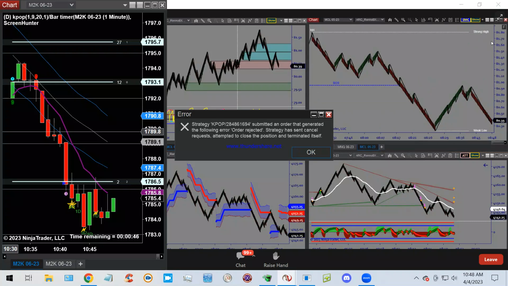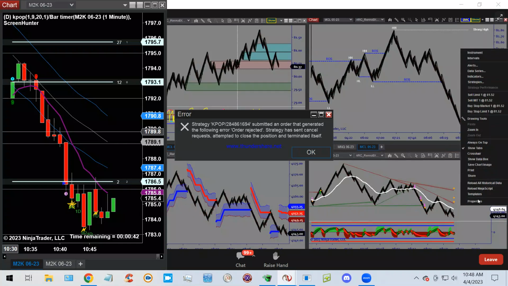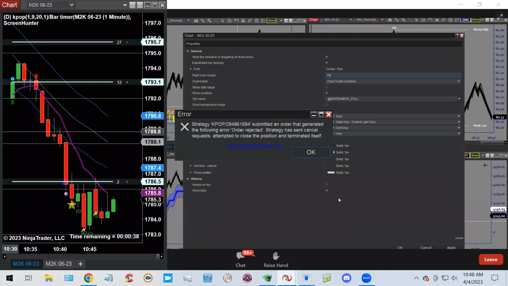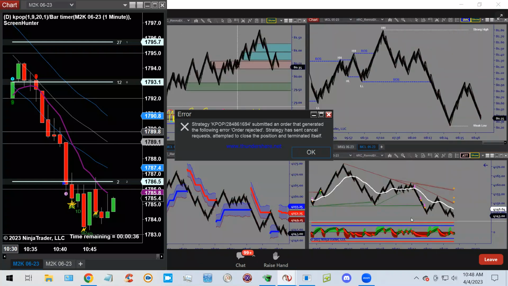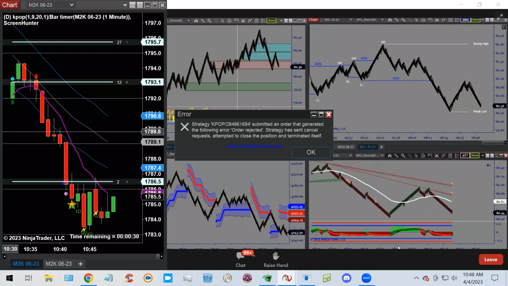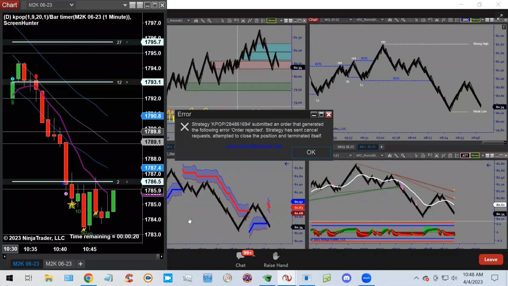If I'm looking at crude oil today, I normally like to have my properties set to 50 so I can see the hard right edge a little bit. So if I know that crude oil is looking like this, I just came out of resistance.